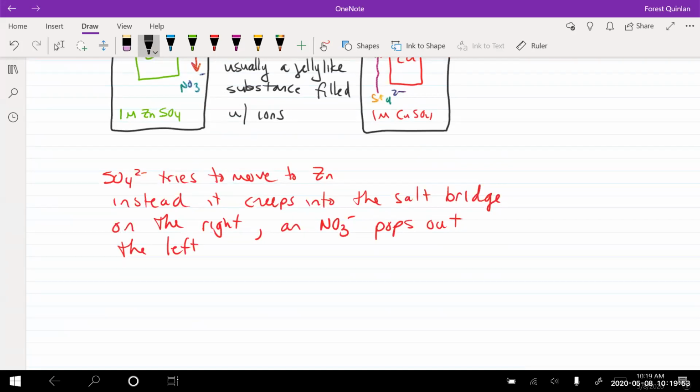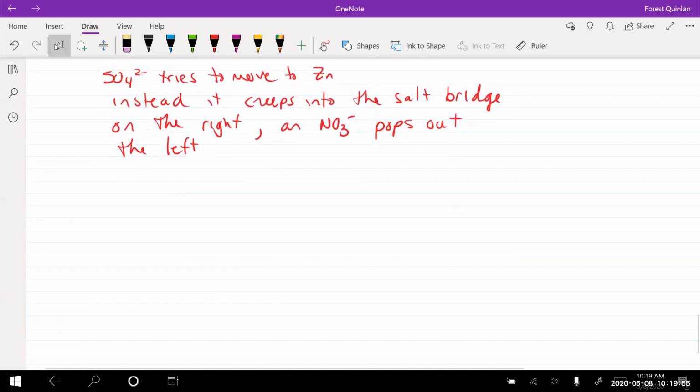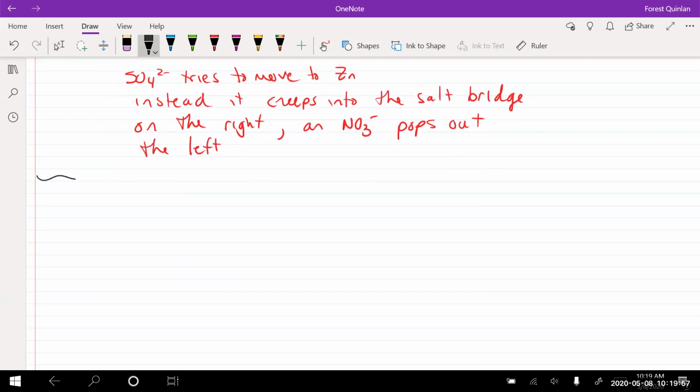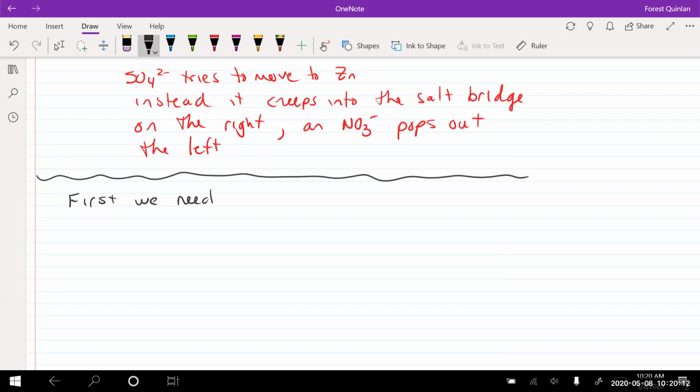All right, so before we start building these things anymore, I just want to show you what they physically look like. Let's talk about these oxidation and reduction reactions and how we're going to build them and balance them. So first, we need to learn how to balance these reactions.